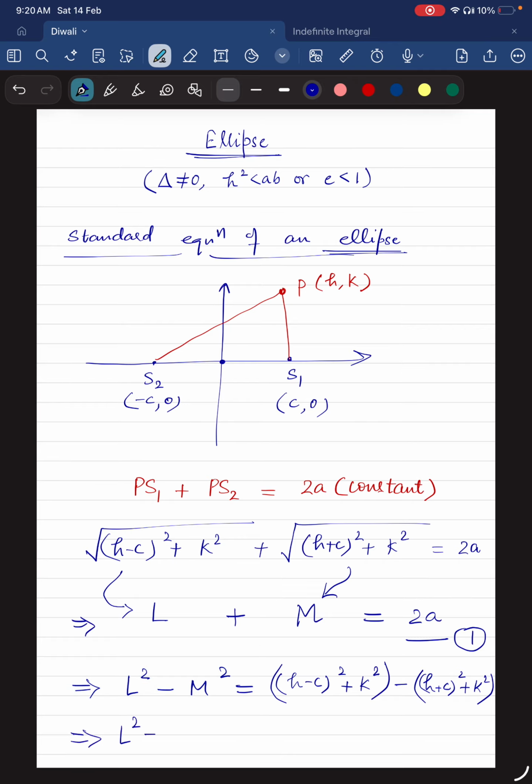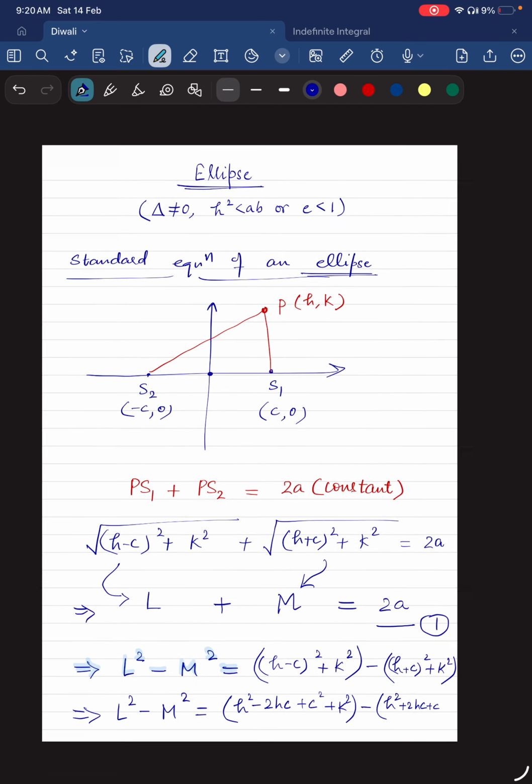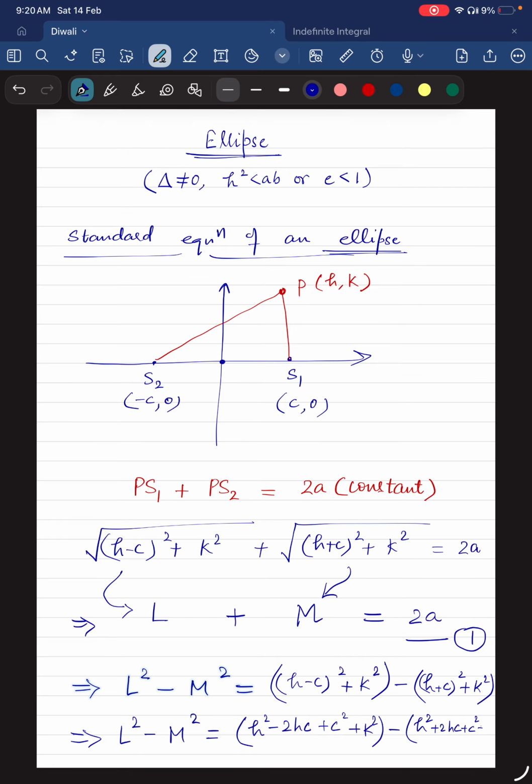Finally, I can say L square minus M square will be equal to h square minus 2hc plus c square plus k square, minus h square plus 2hc plus c square plus k square.